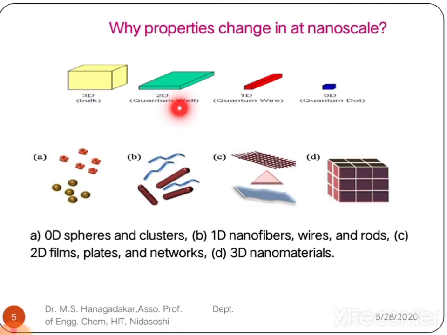That is 2 dimensional, like a flat or network-like structure. But the same 2-dimensional object, when cut along the length, gives the quantum wire, that is in 1 dimension. Then a small part of the quantum wire, when you separate it, forms the quantum dot.